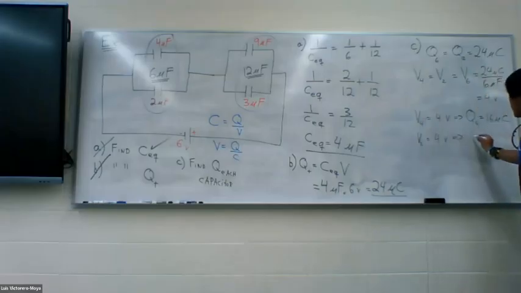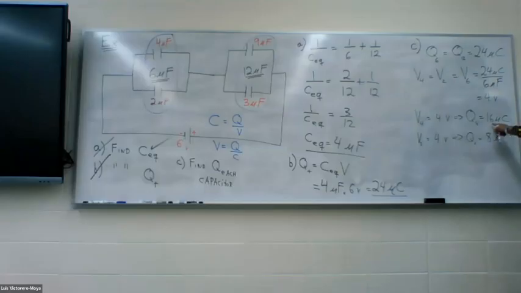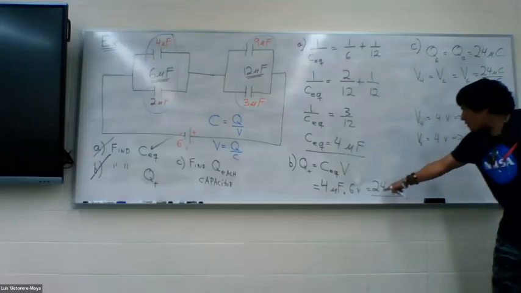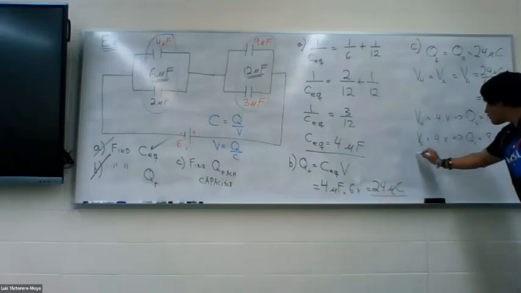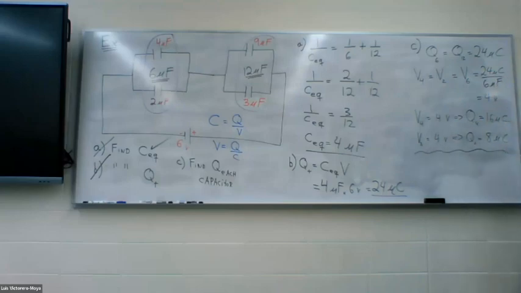Then the charge on 2 is equal to 8 microcoulombs. How do I know that's correct? Because 16 plus 8 is 24 microcoulombs. All right. So I split the charge among 4 and 2. All right. Now let's do 9 and 3.